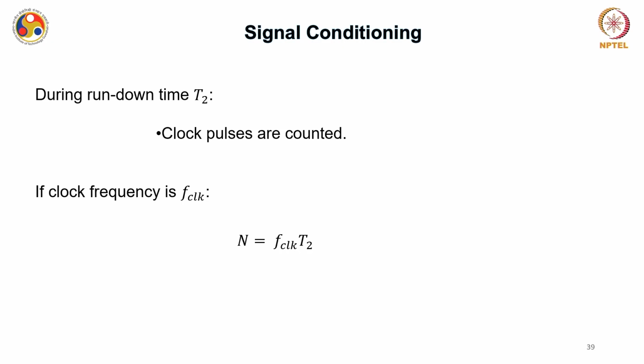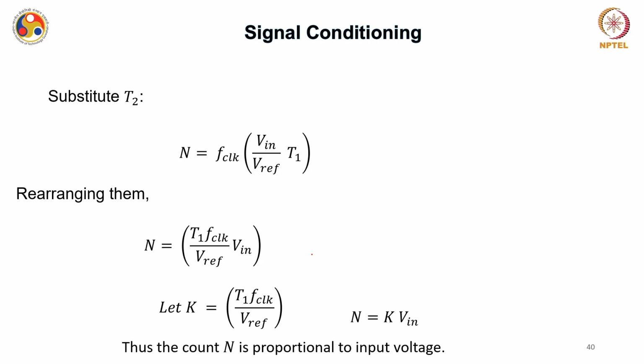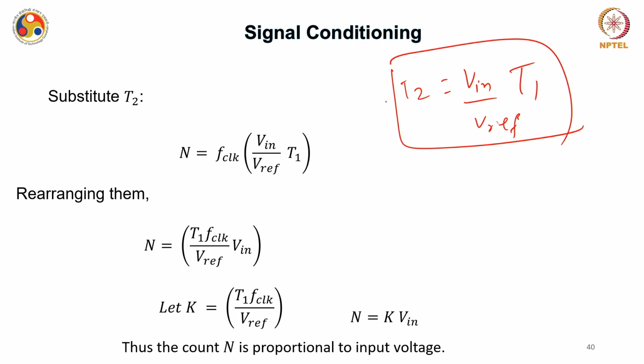Now, during rundown time T2, the clock pulses are counted. So, if clock frequency is say f clock, the digital value n is equal to f clock into T2. Now, substituting this T2 from our previous discussion, we have found that T2 is equal to V in by V reference into T1. Substituting this from our equation 5, I have n equal to f clock into V in by V reference into T1.